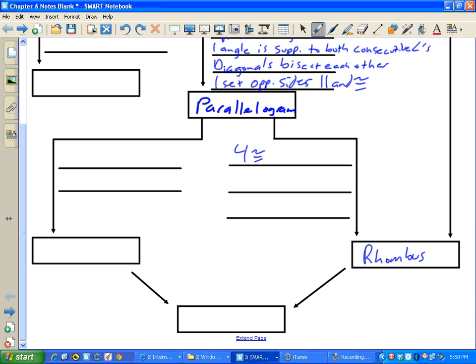Okay, 4 congruent sides, perpendicular diagonals, or diagonals bisect angles. So once I have parallelogram and I get one of these 3 things, I then know it's a rhombus. Okay? The other thing that's going to come off of parallelogram is a rectangle. So let's look at that next.